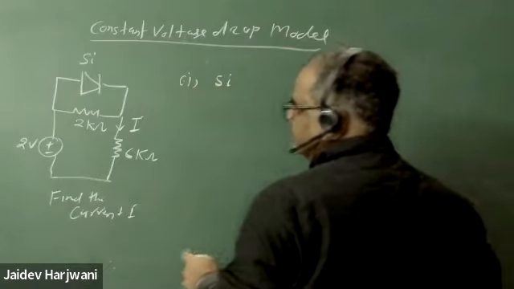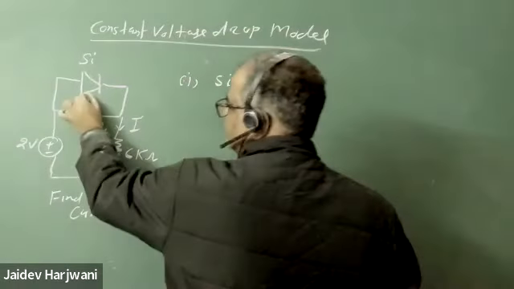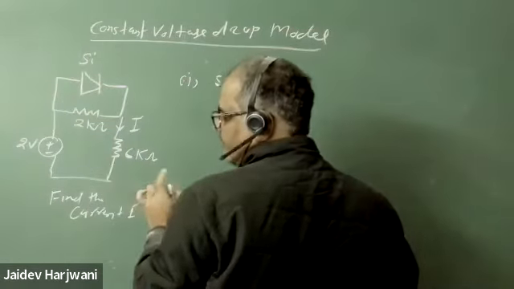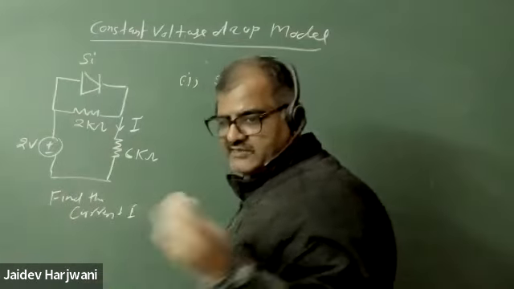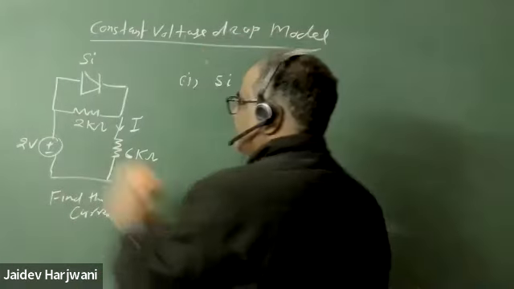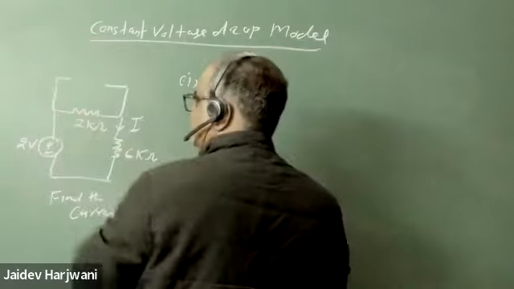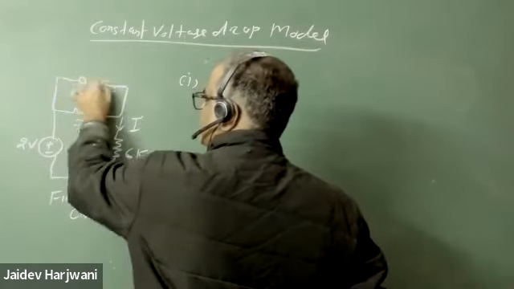Now if it is silicon, the voltage must be 0.7, then only it will conduct, otherwise it will be reverse biased. So always check how much voltage is coming here.